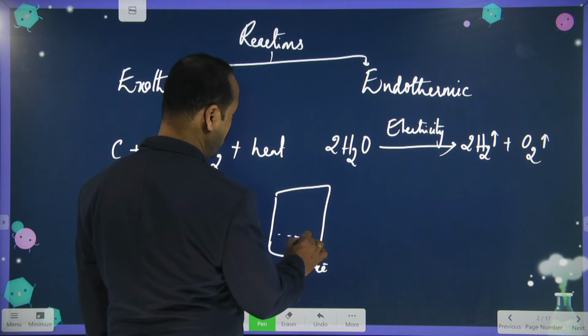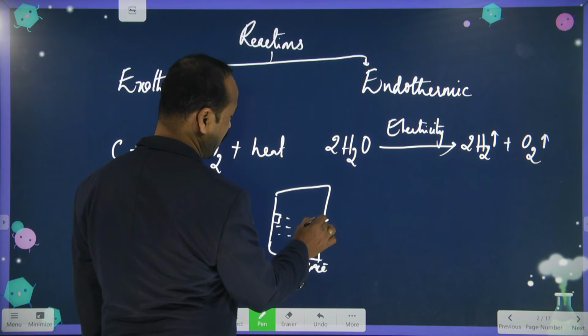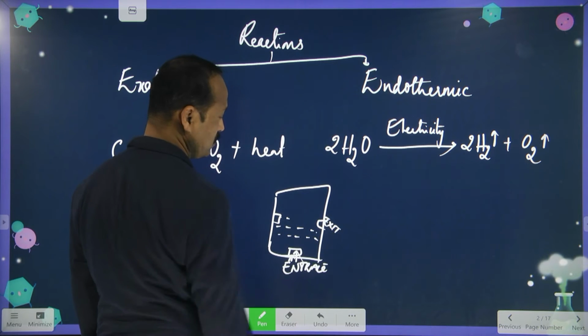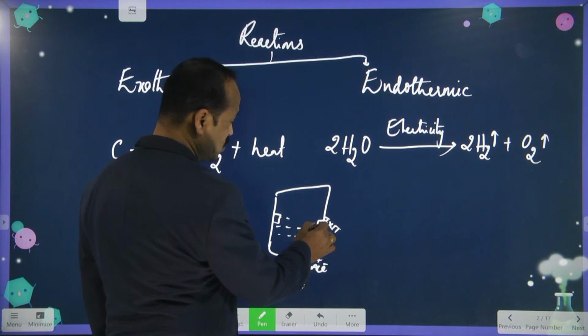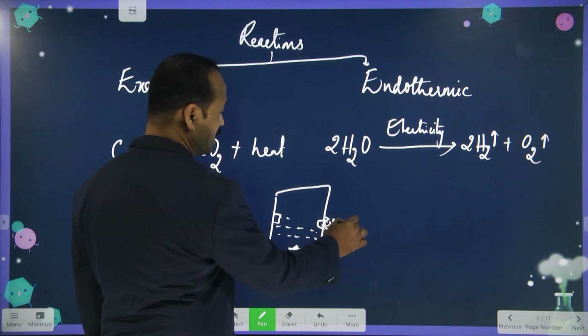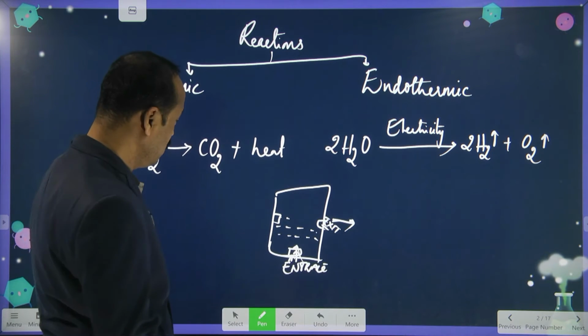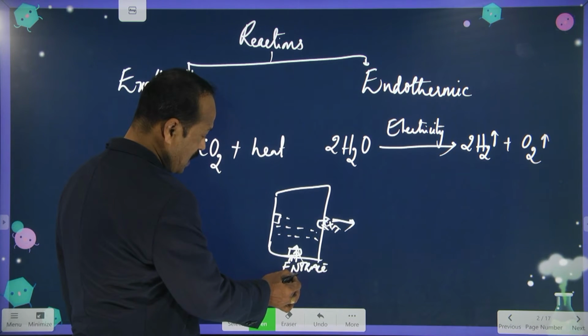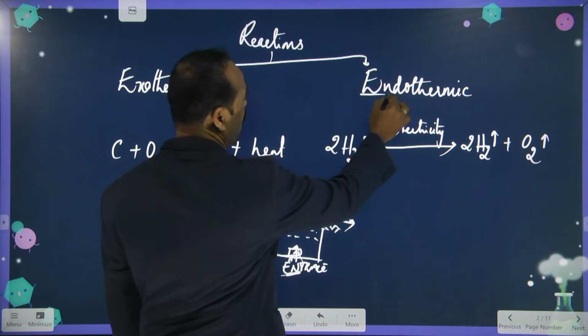And after watching the movie, near the doors they write Exit, meaning coming outside. Entrance starts with the letters E-N. So that's called endothermic.